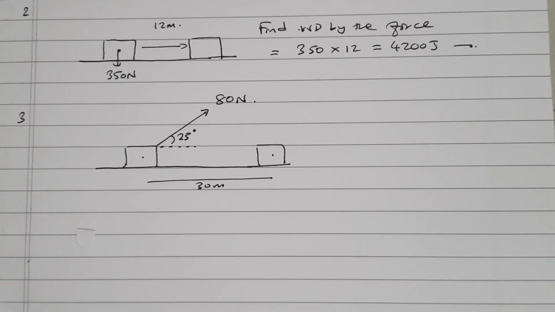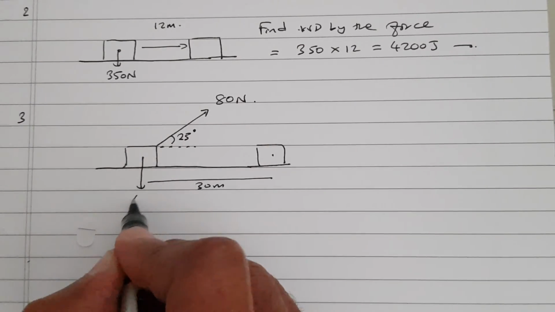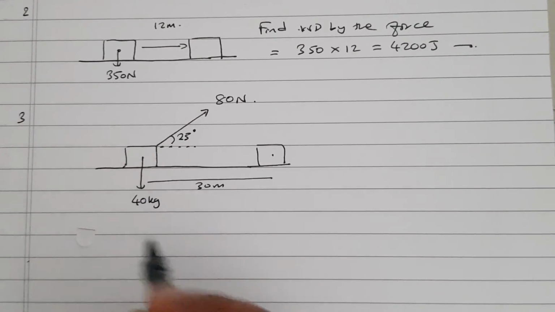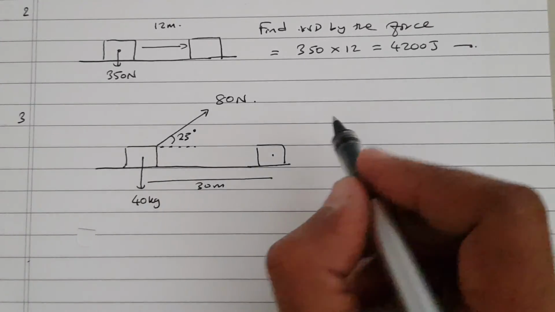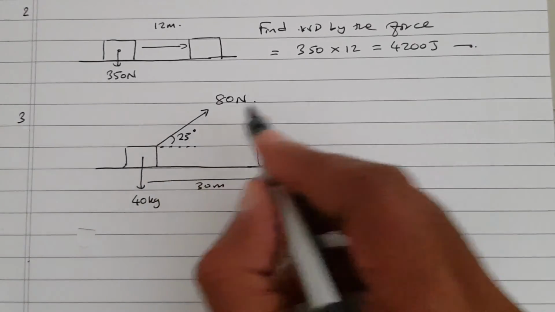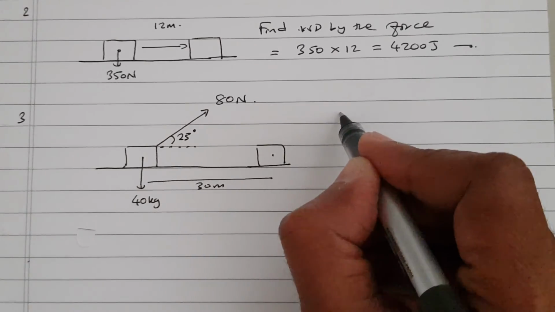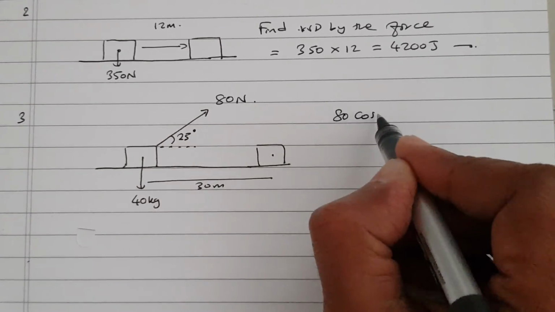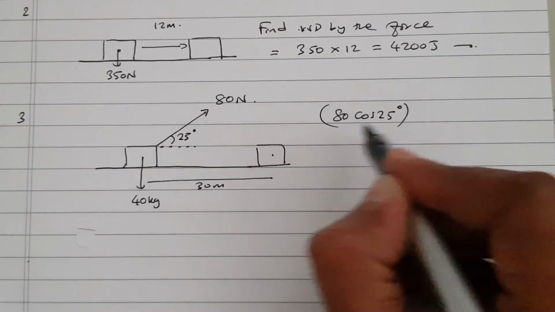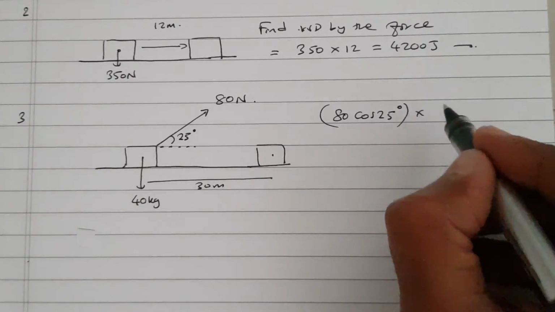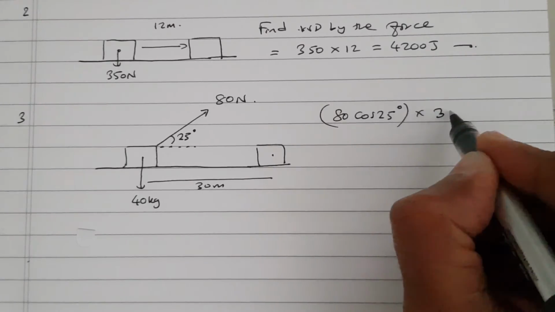So how are we going to find the work done by the tension in the string? Further, let's say that this body is 40 kilograms, and it's being pulled. What we're going to find is the component of the force, which is basically 80 multiplied by cos of 25, and then we multiply this by the distance, which is 30 meters.